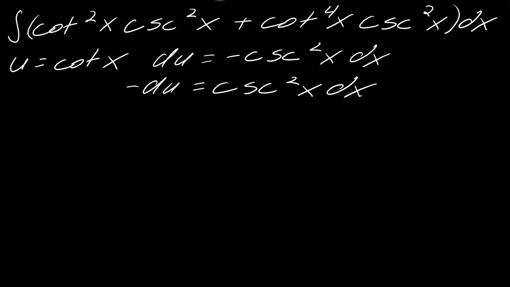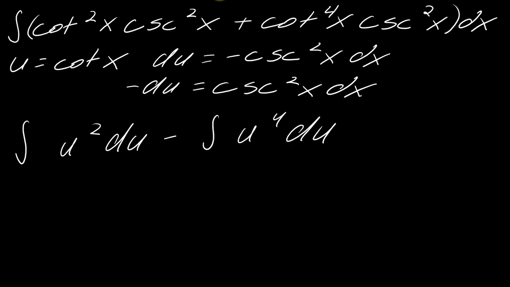Okay, so we can make our substitutions then. So this will be u squared. I'm going to break this into two separate integrals. Du minus u to the fourth du. And then let's see. Oh, I forgot the negative. So there should be a negative here that goes in front. So this will become a negative. This will become a positive. Oh, no, this should also be negative. Okay, there. Got all my signs right. Sometimes the signs are the hardest parts of these.